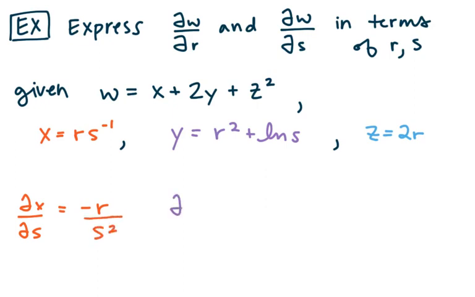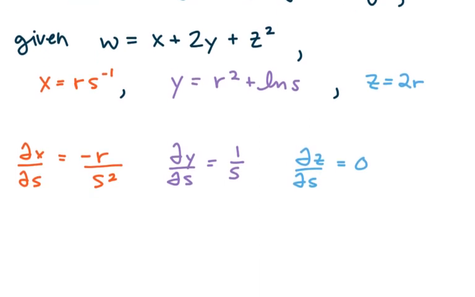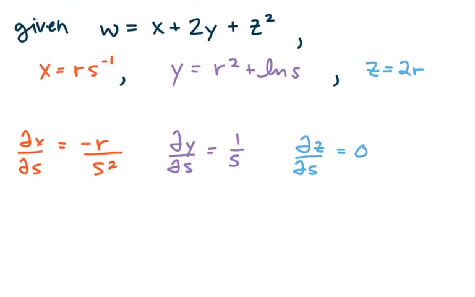All right. Partial of Y with respect to S, that means R squared is a constant, and the derivative of natural log of S is going to be 1 over S. And the partial of Z with respect to S, 2R is a constant, and the derivative of a constant is 0.